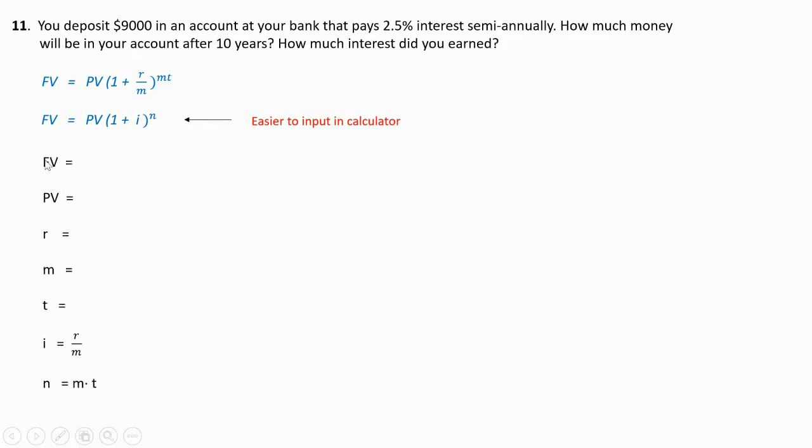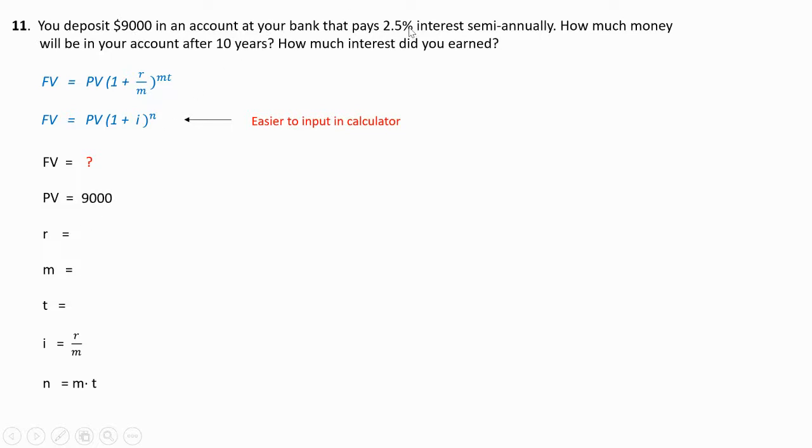Okay, now I'm going to put all 7 things: my FV, my PV, my R, my M, my T, the I, and the N. So let's see what we're looking for here. How much money will be in the account after 10 years? So we're looking for the future value. The present value is how much money you invested or deposited, 9,000.